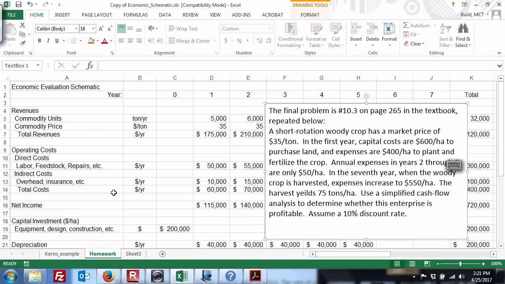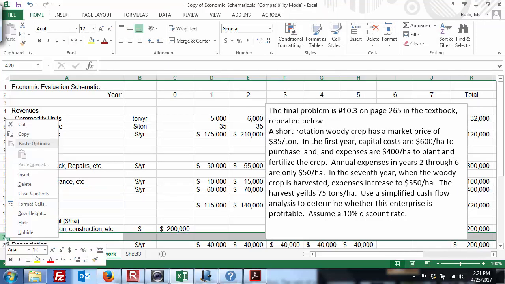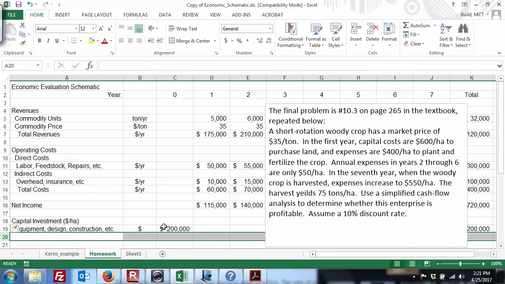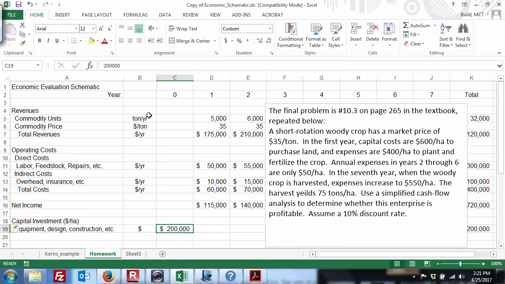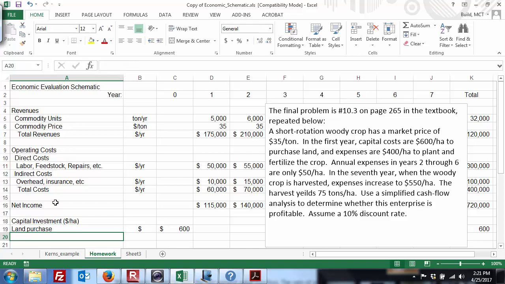So let's put a second row in here. Land purchase.